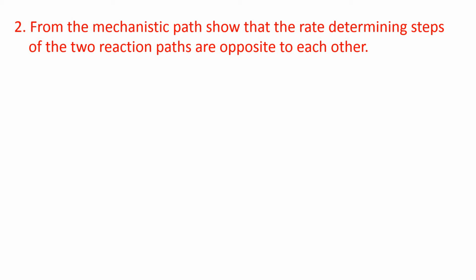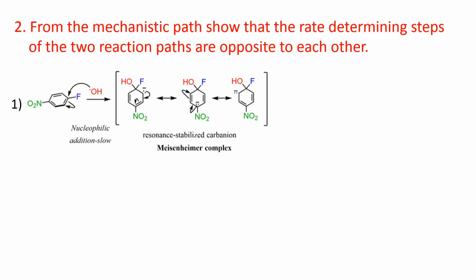Second question was, from the mechanistic path, show that the rate determining steps of the two reaction paths are opposite to each other. Let's see the first reaction path, which is the addition-elimination reaction mechanism. Here, the first step is the addition, where the nucleophile attacks at the position of this benzene ring where the leaving group is attached, and this carbanion is formed.